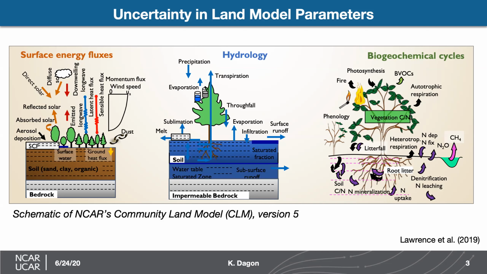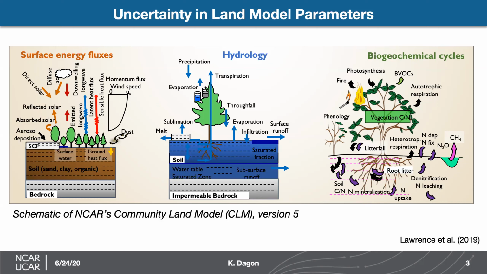They are trying to include a lot of processes, especially when they're run globally. And so inherent in that is that they've got to parameterize a lot of these processes, and they've got to choose different parameter values for the equations that are used to model these processes. And the uncertainty in those parameter choices is really what I wanted to explore with machine learning.